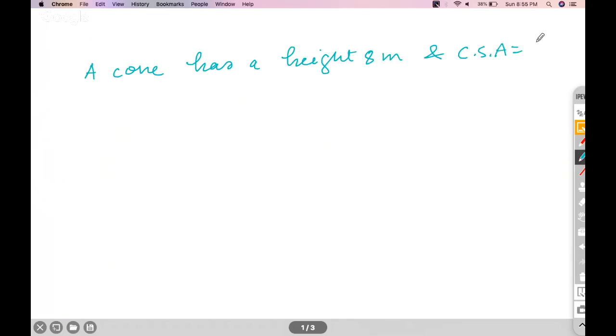The first question which I'm giving now is, a cone has a height of 8 meter and curved surface area is equal to 188.4 meter square.